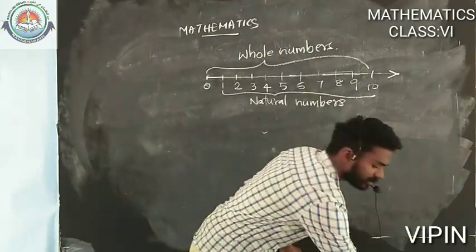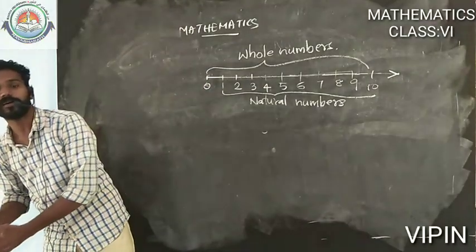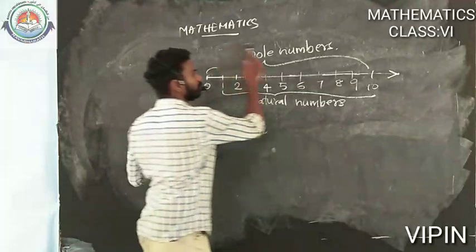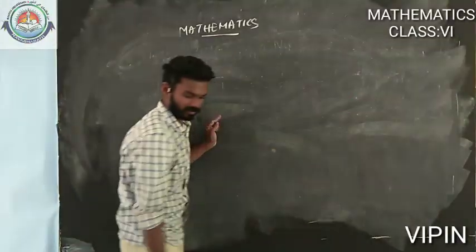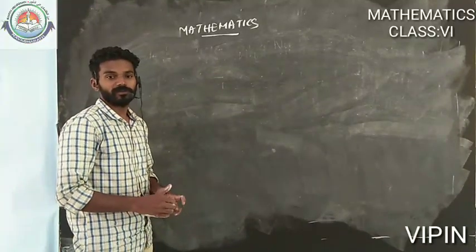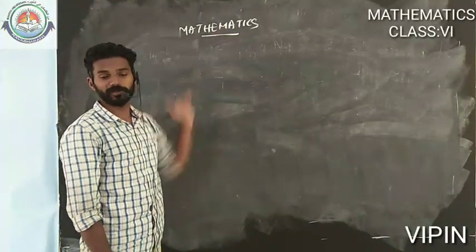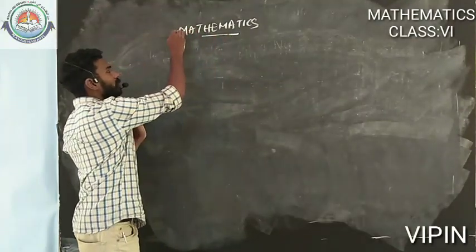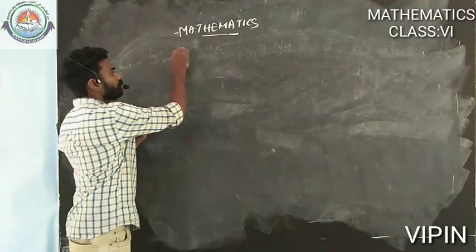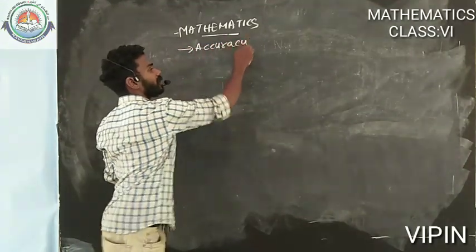Now let us conclude, let us revise the topics that we have discussed, one by one. First of all, we started with mathematics. The importance of mathematics is in its accuracy.